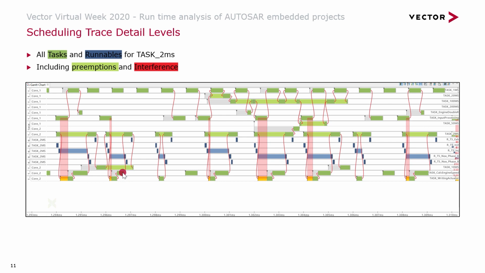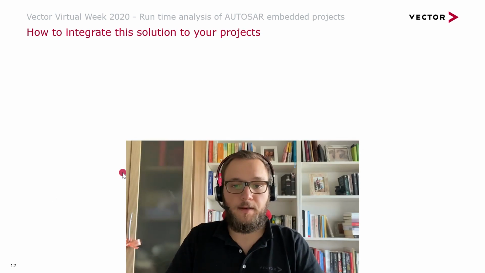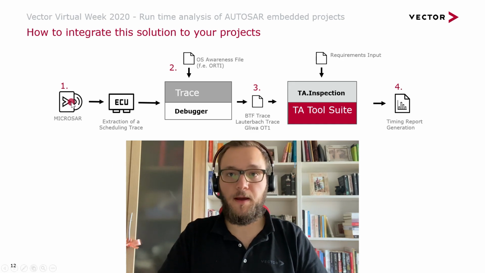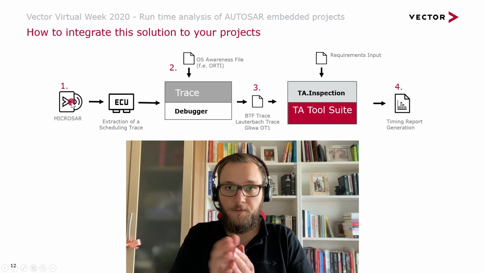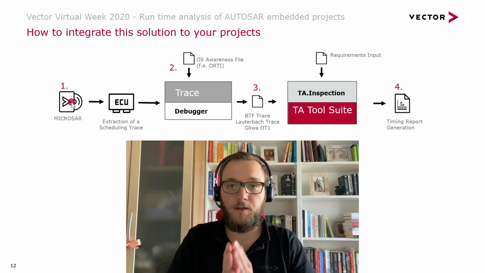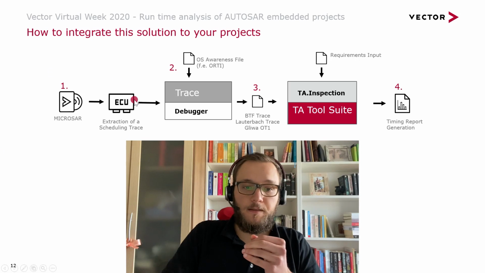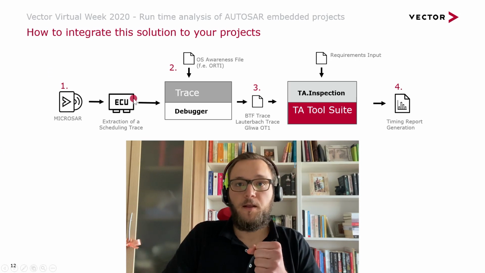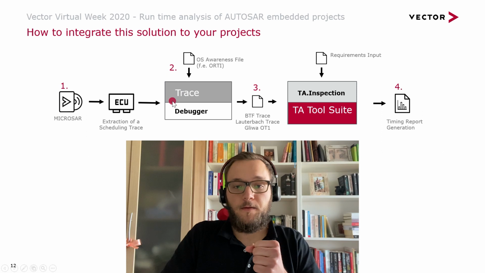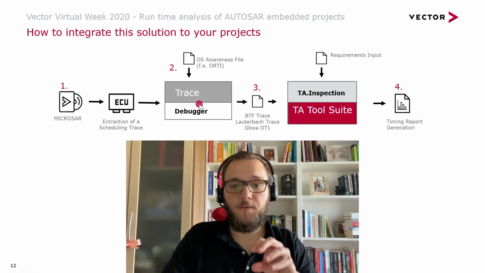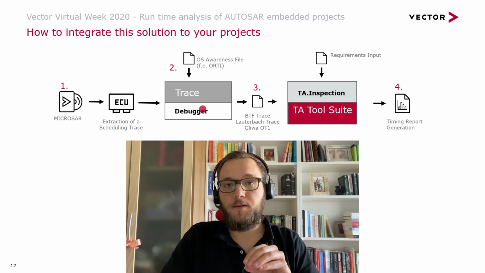If you want to integrate this in your project, what does the entire toolchain look like? As I mentioned before, we have the AUTOSAR OS, which has to be configured with the hooks for the tasks you are interested in. This is then flashed on the control unit, and via the OS awareness file, the debugger can be configured in a way that the state transitions are recorded in a trace file.